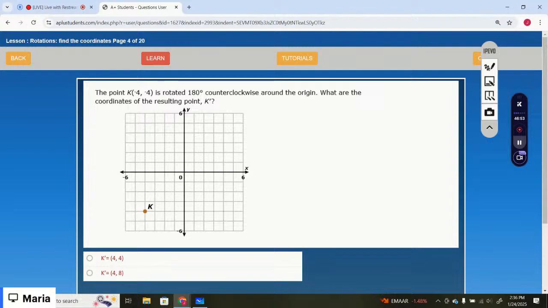The point K, negative 4, is rotated 180-degree counterclockwise around the origin. What are the coordinates of the resulting point K dash?